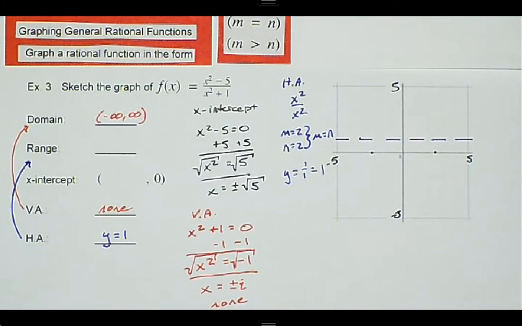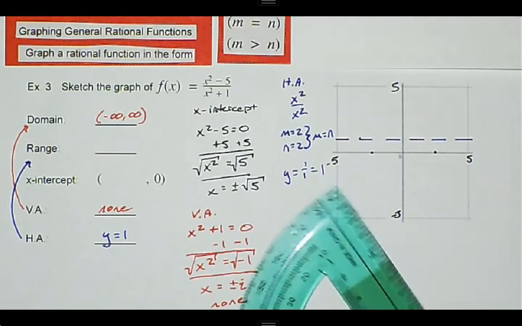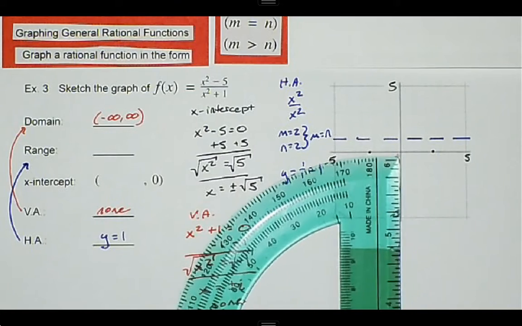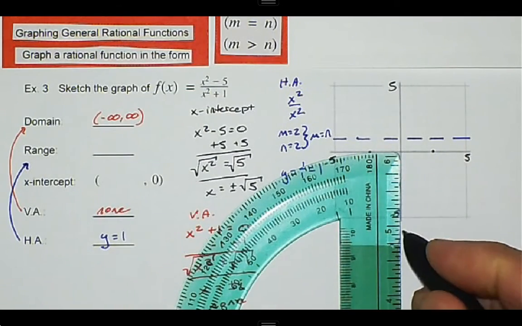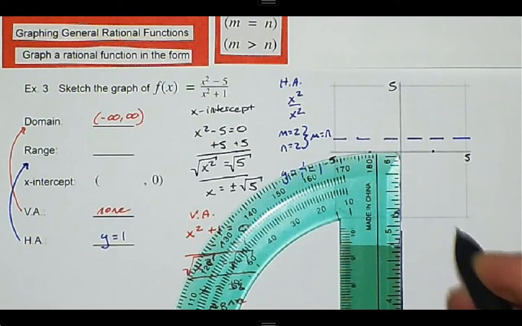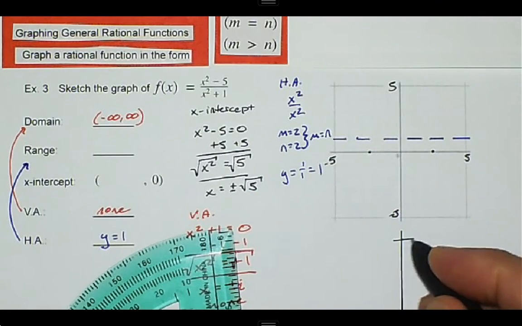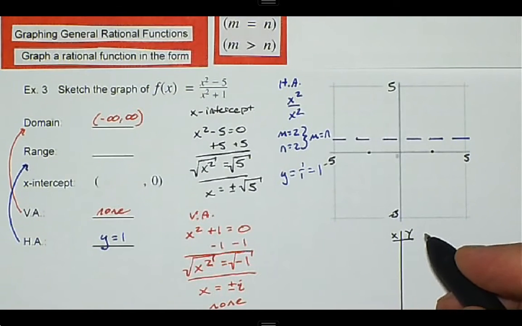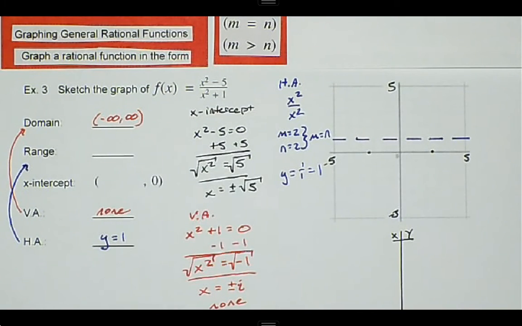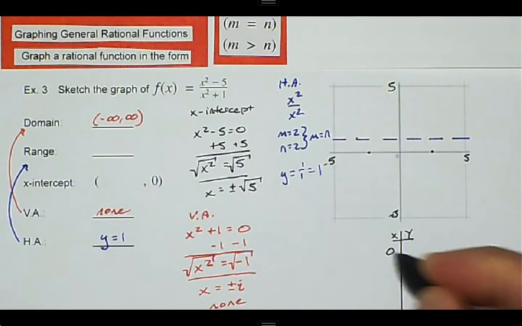And then we want to pick some points that we can sketch. So it's some x and y points. Let's pick 0. See what that does.